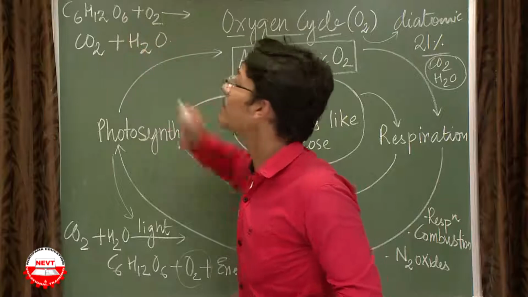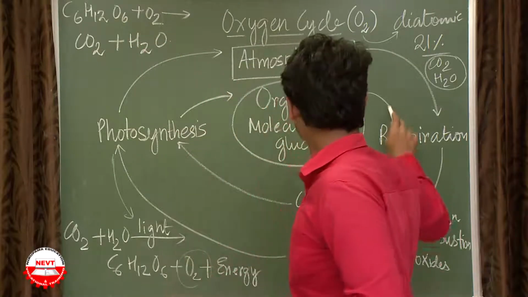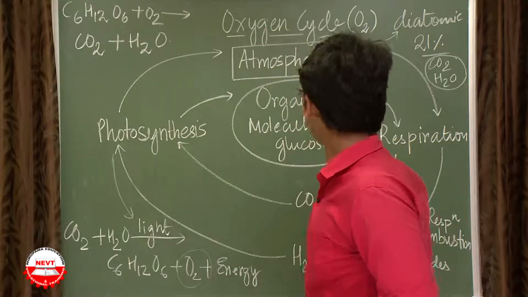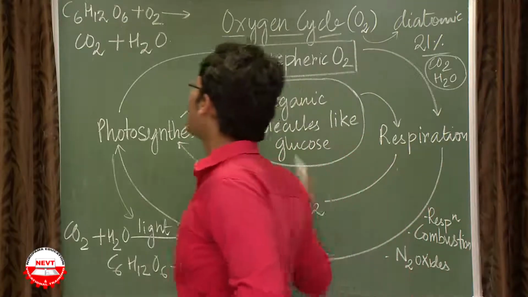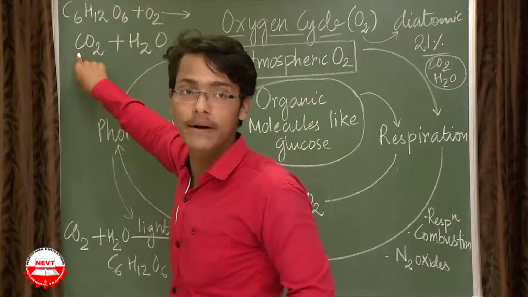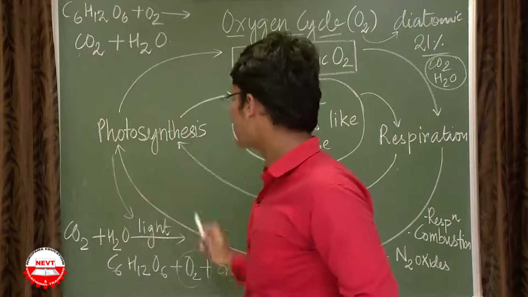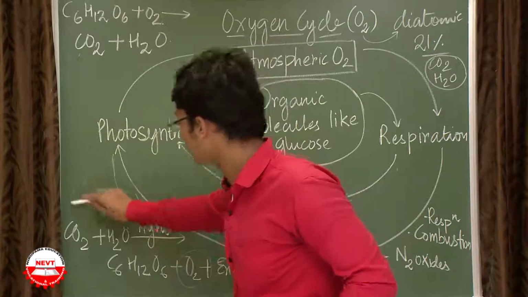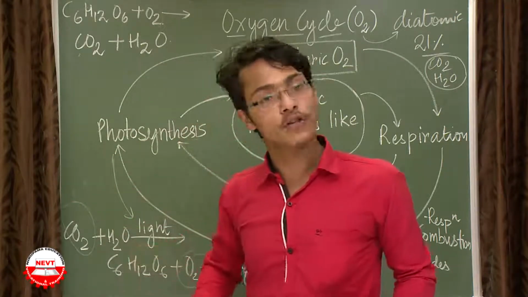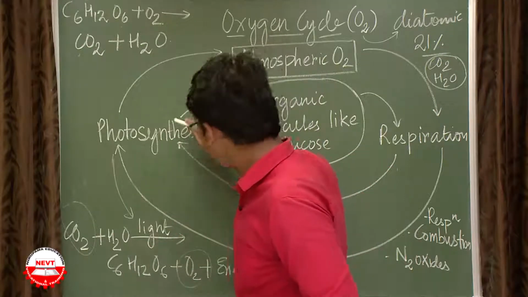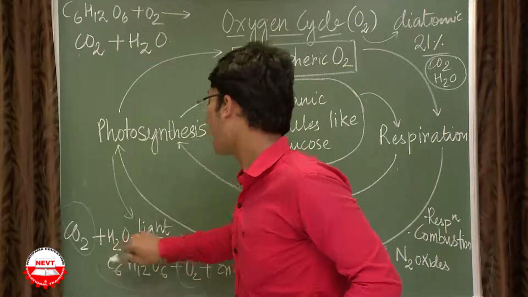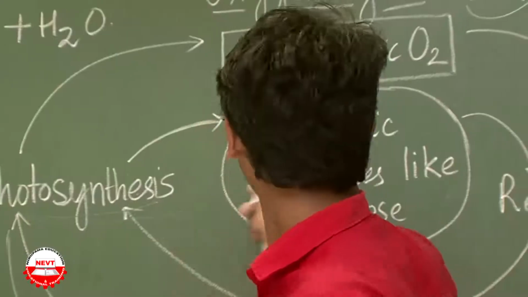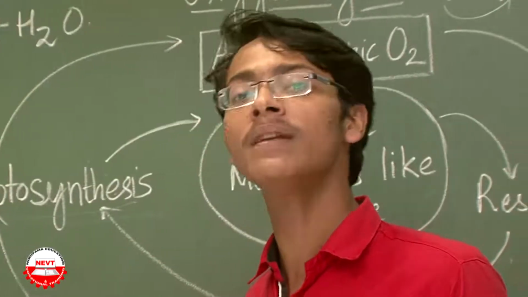So by the process of respiration glucose is broken down, and it releases carbon dioxide. This carbon dioxide is now used in the process of photosynthesis, and finally through photosynthesis organic molecules like glucose are formed again.